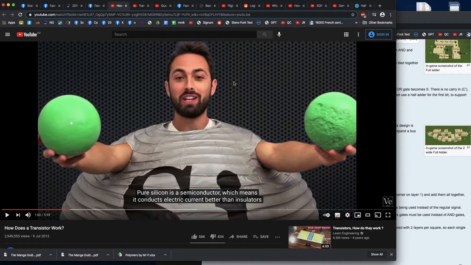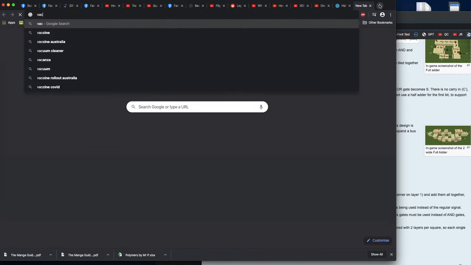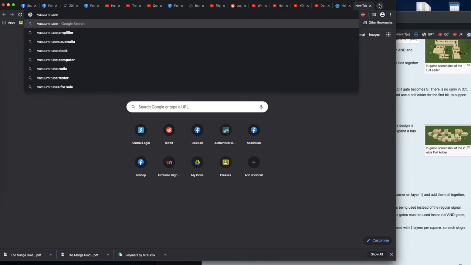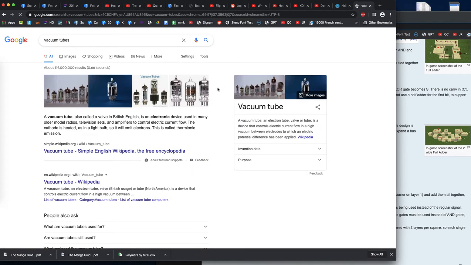Okay, so let's have a look at how these things work. Well, transistors, so before we had transistors, we used to have things called vacuum tubes. That looked like this. And then they developed something at Bell Labs.